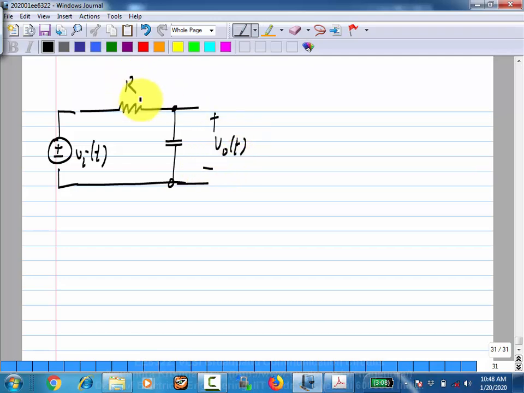This is a first order RC low pass filter. Now I want to calculate the noise at the output due to the noise of the resistor. So how would I go about doing this? What should I do? First I have to calculate the transfer function.